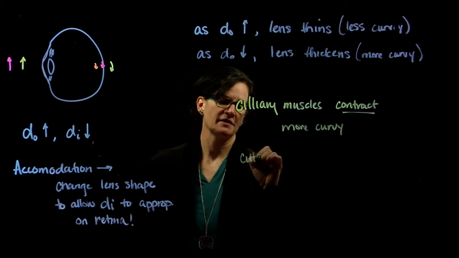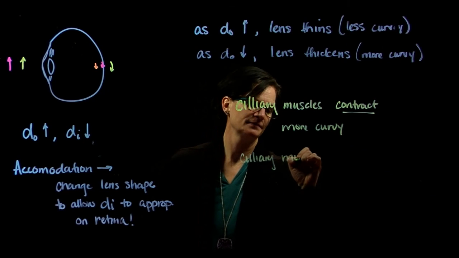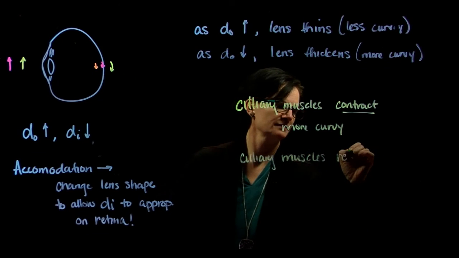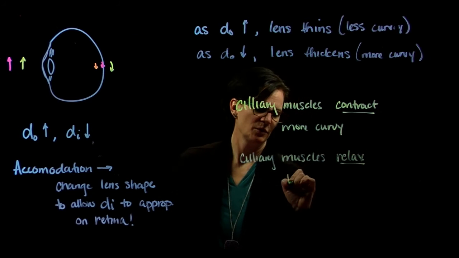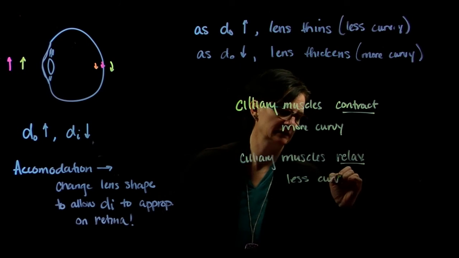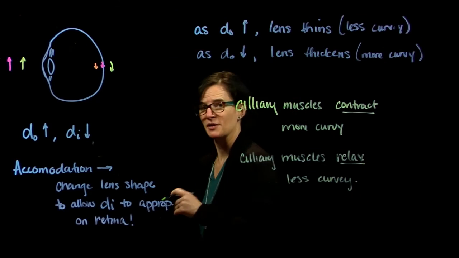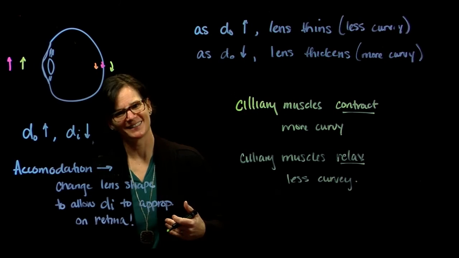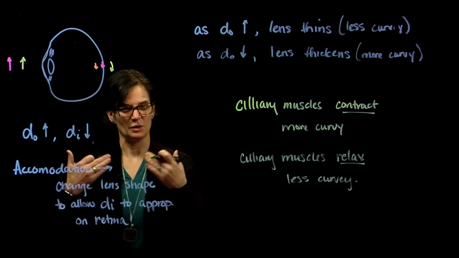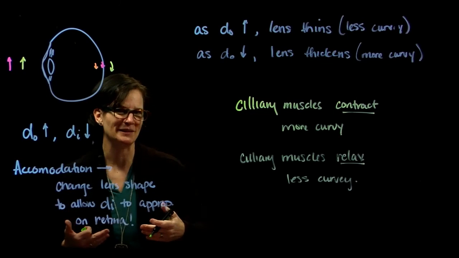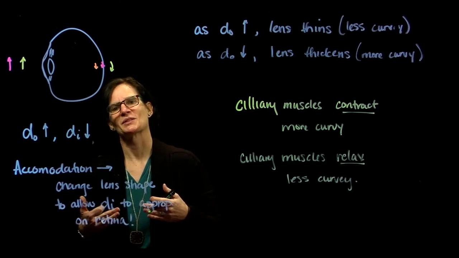When the ciliary muscles relax, we get a less curvy lens. So as we look at things far away, our muscles relax. As we bring objects closer, as we read or sit at a computer screen, our muscles contract.